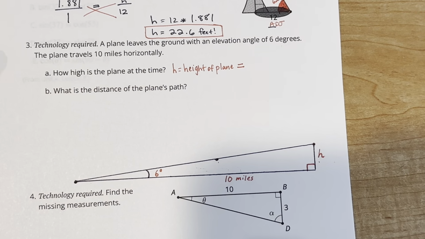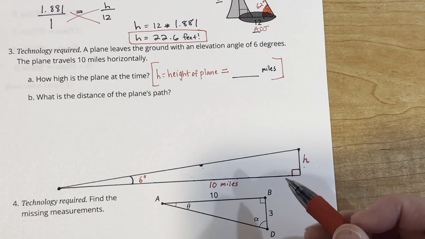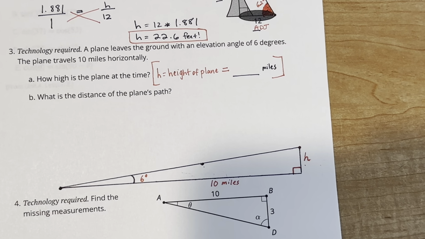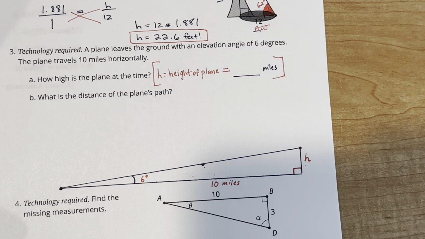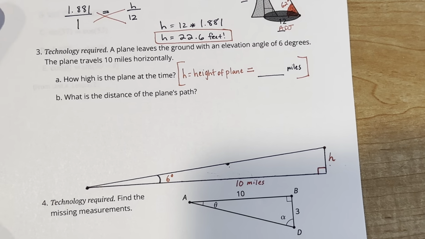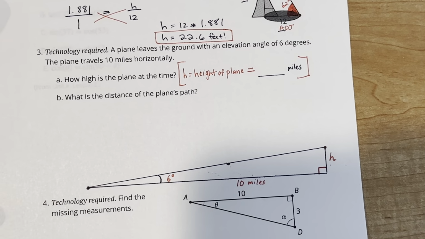So we have to figure out how many miles it is. No problem. Okay, let's just do the steps. This is like an old easy one. There's 5 steps, right? 5 steps. Here we go. Don't forget the 5 steps.